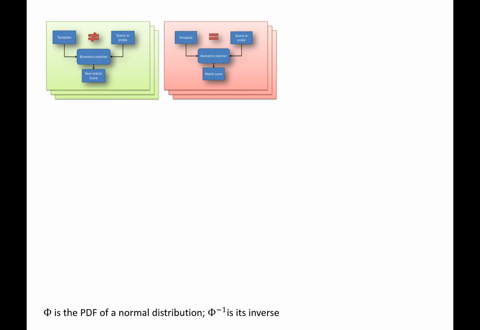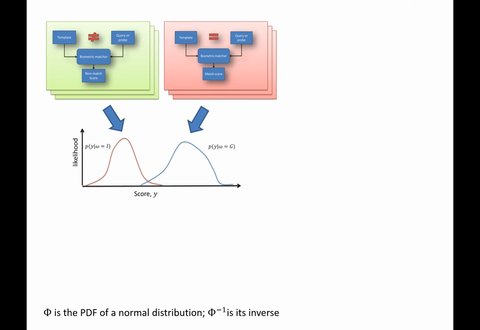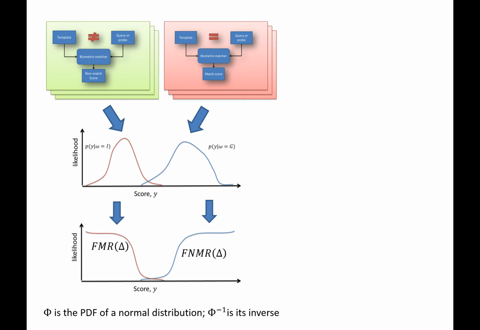We have a bunch of positive samples, a bunch of negative samples. From there we estimate the distribution of the genuine scores and the impostor scores, or match scores and non-match scores, as we call them. After that we just calculate the integral to the right and to the left. Then we get the false non-match rate and false match rate. Again, that's the very basic thing we do in performance evaluation.